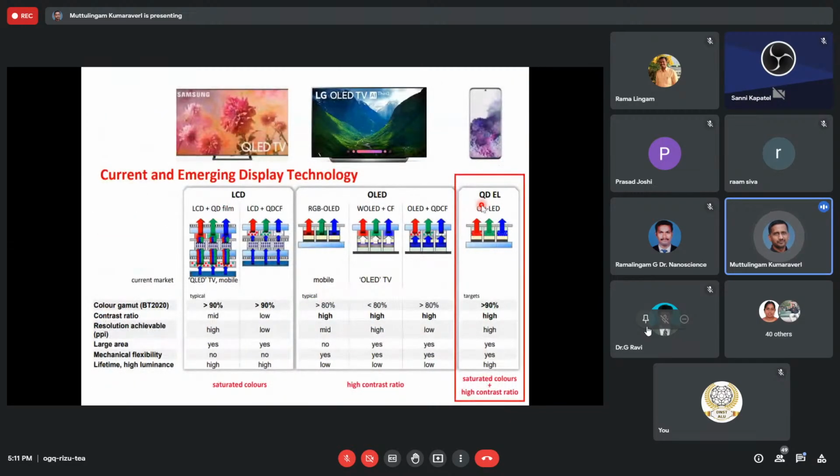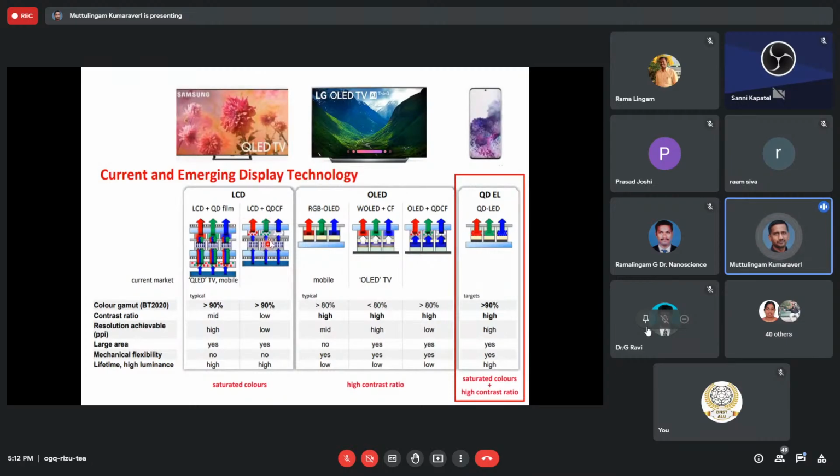Okay, this is some summary. I'm going to look again at what Samsung is using. Currently they are using the LCD with the QD film or QD color conversion filter. They are using enhanced film or QD film, the QD conversion filter, to make this.